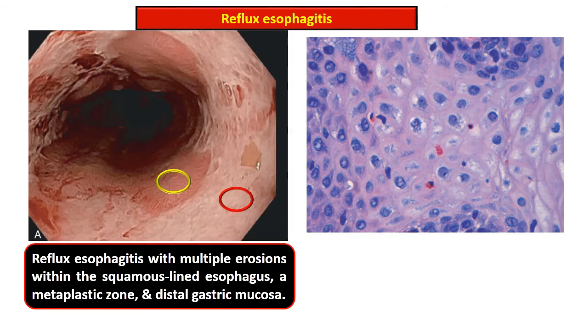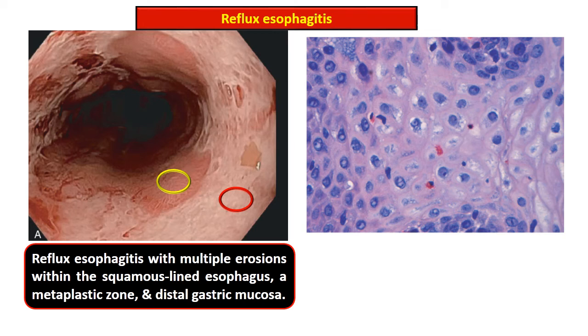There are multiple erosions within the squamous lined esophagus, a metaplastic zone, and distal gastric mucosa. Islands of the metaplastic epithelium within the white squamous mucosa are seen.